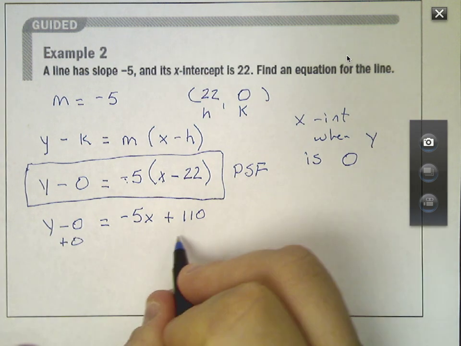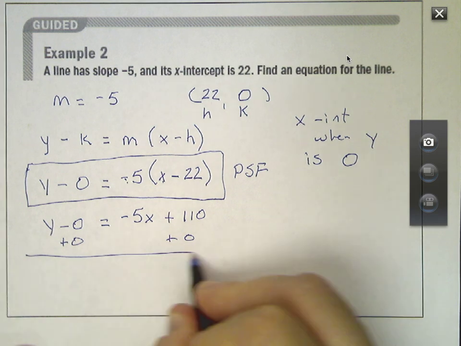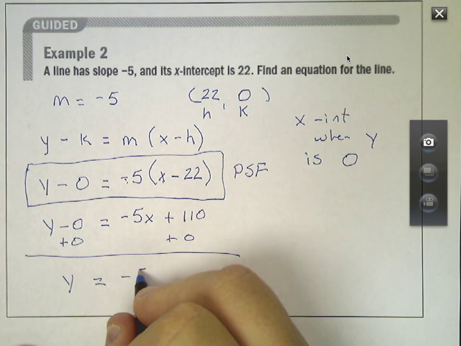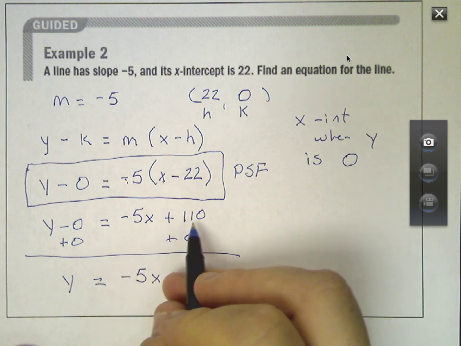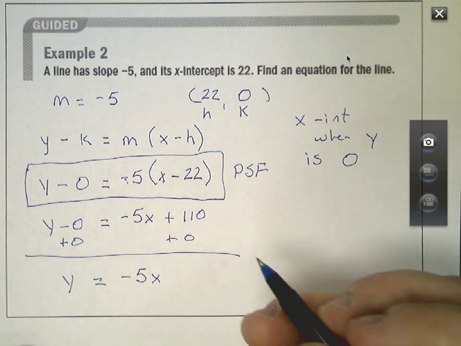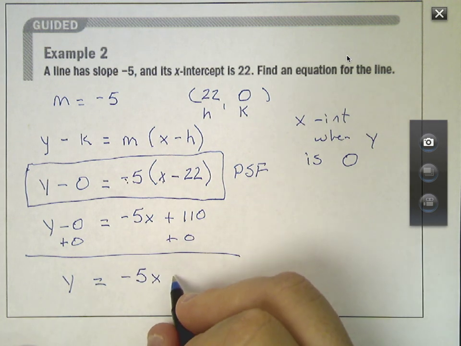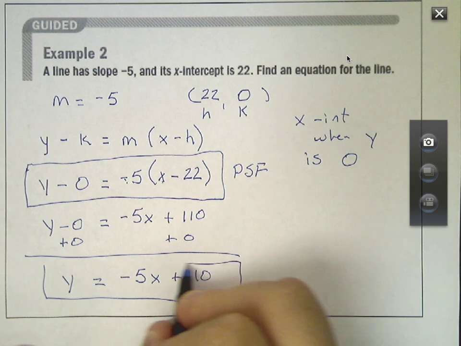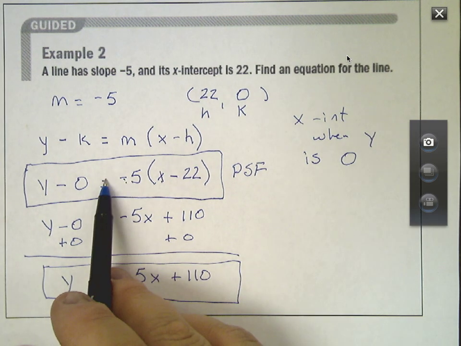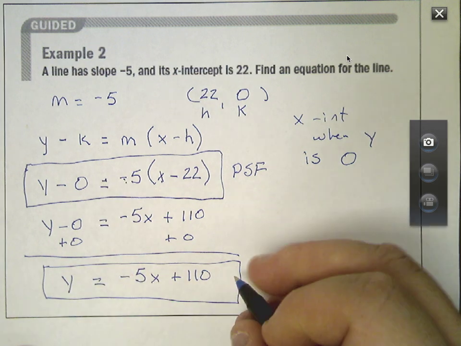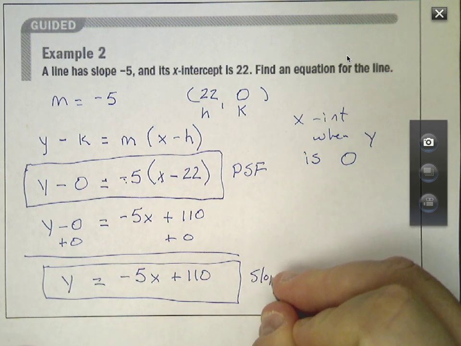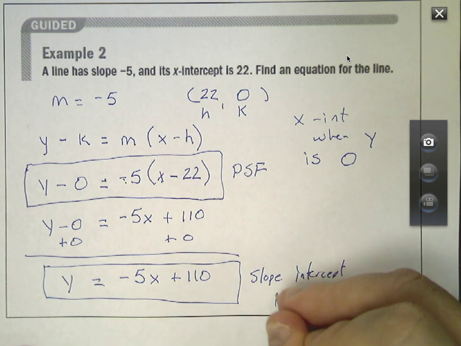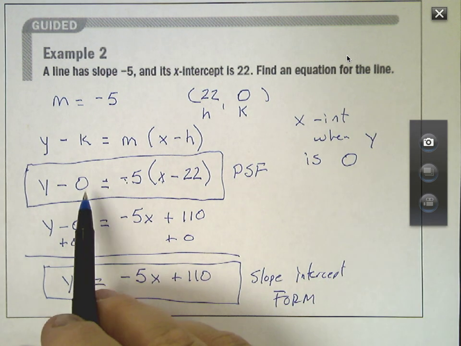So I need to move this 0 over to the other side. Well, the inverse of subtracting 0 is adding 0. When you add 0 to anything, you just get itself. So a negative 5x plus 110 plus 0 is a negative 5x plus 110. And now, by putting it into this equation, we found slope-intercept form.